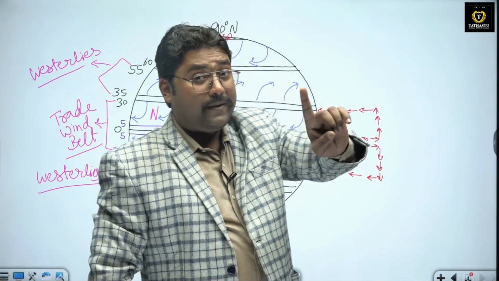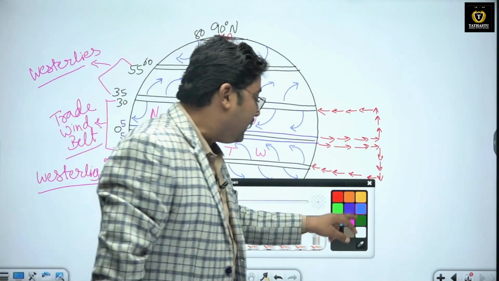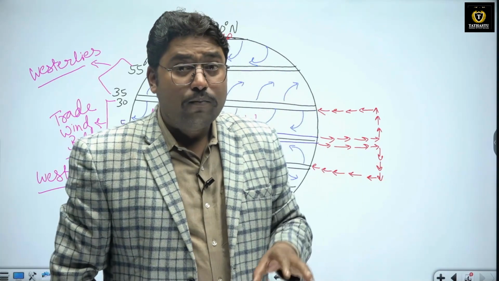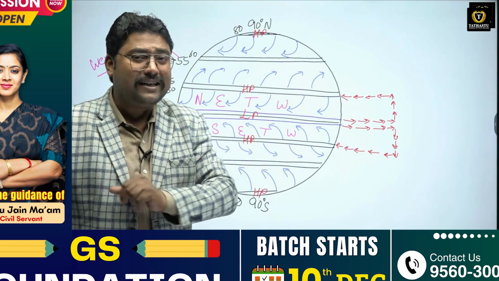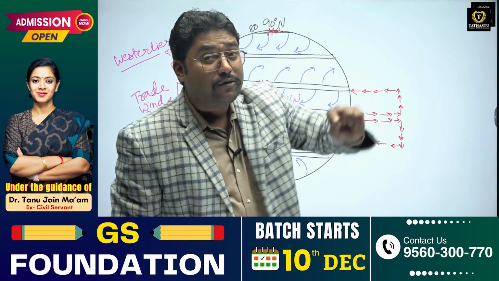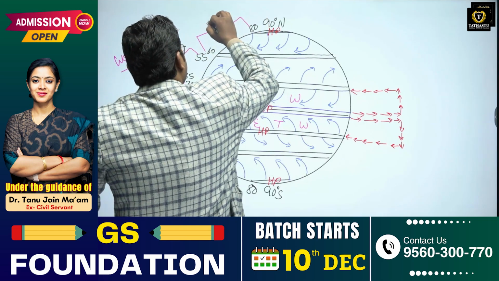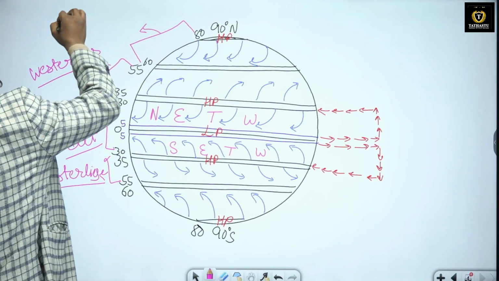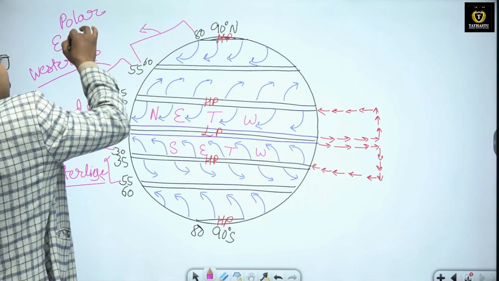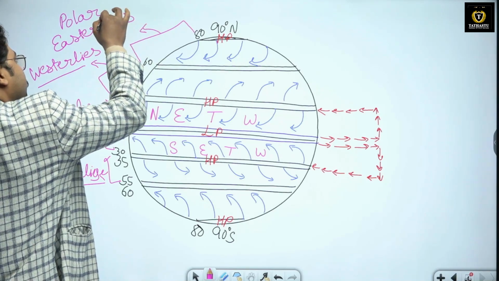That's why if someone asks you which direction the wind in polar areas moves from, always east. When they move from east, they are considered easterlies, and due to location in the polar area, they are known as polar easterlies.